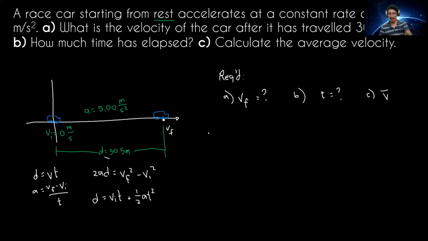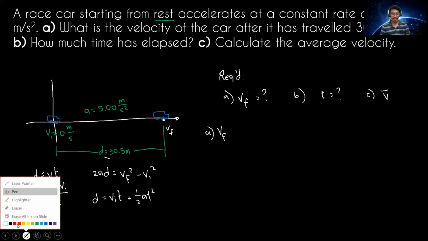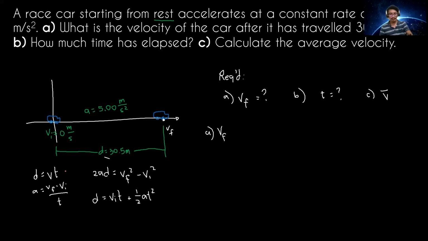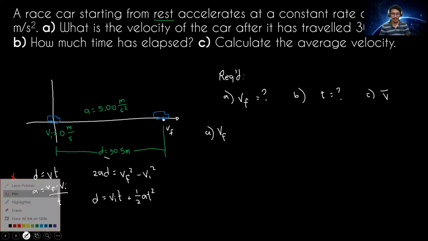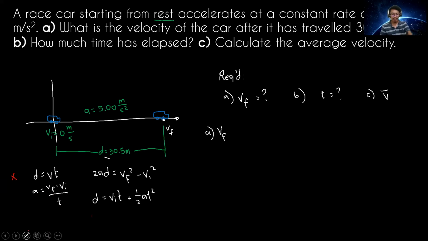So for letter A, we are going to solve for the final velocity. And take note, this is constant acceleration. If that is constant acceleration, we cannot use the first equation for the letter A part. So we choose among the other three. Let's identify which have Vf. Here there is Vf, and here there is Vf.